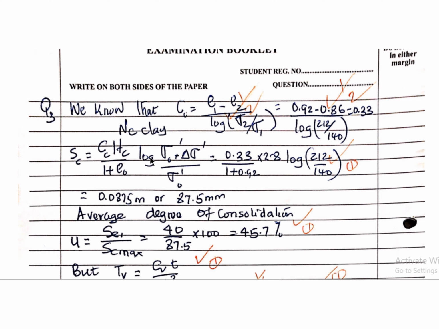After you apply the additional load, this delta sigma, does it remain normally consolidated, or was it initially over consolidated and then becomes normally consolidated after the additional load? When it goes from over consolidated to normally consolidated, you also have to use the coefficient of swelling and add the two formulas.